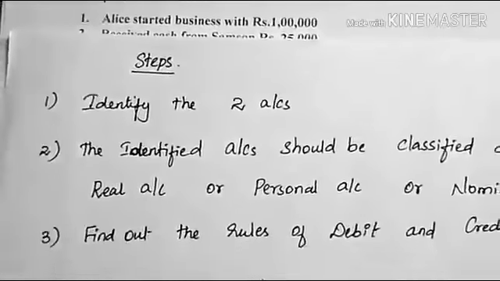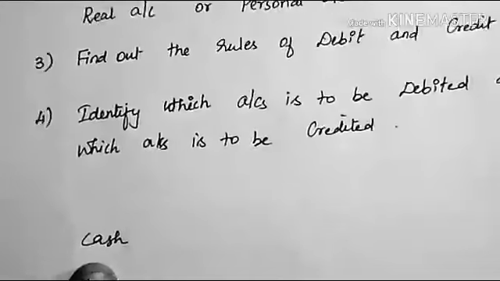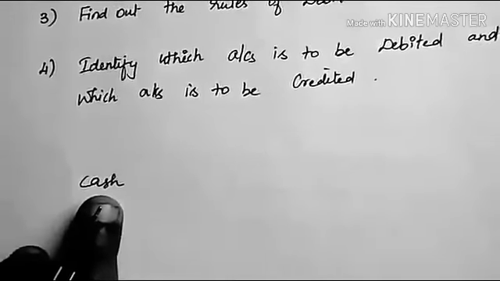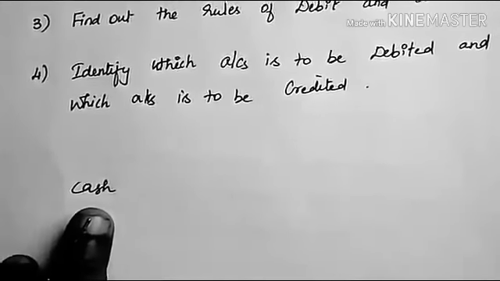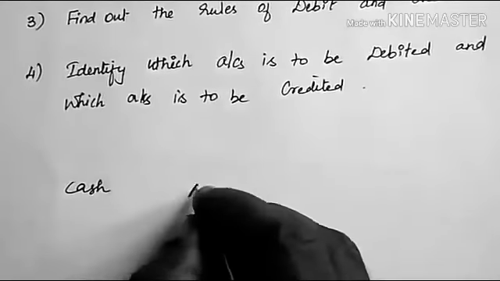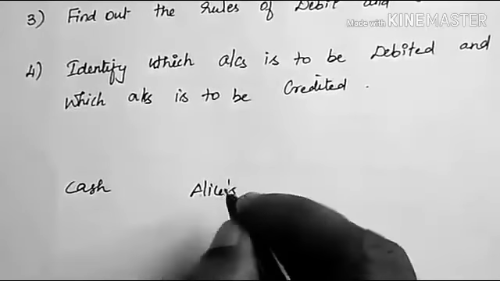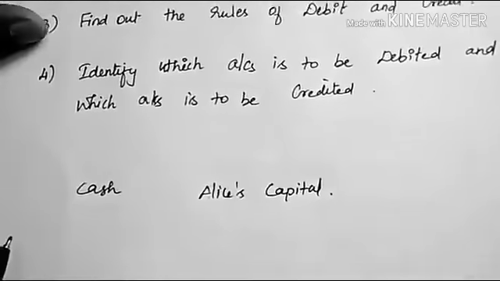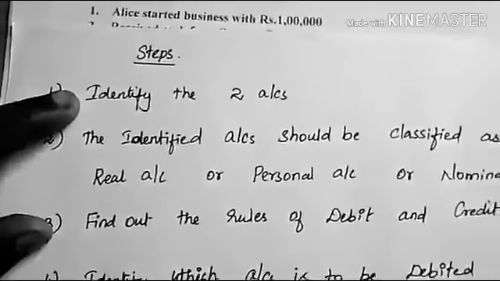First account is cash. She invested cash, rupees 1 lakh, and this amount is capital for the business. Whose capital? Alice capital. See, the first step is to identify the 2 accounts.